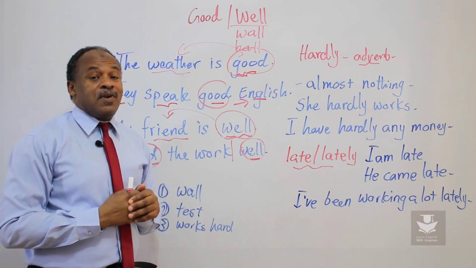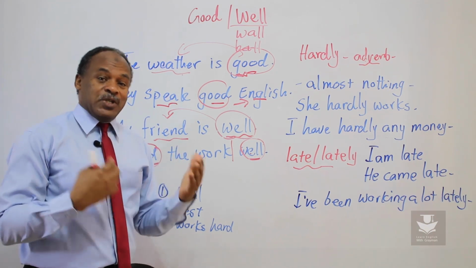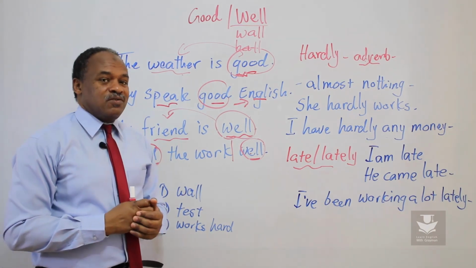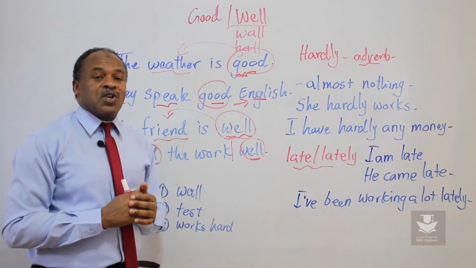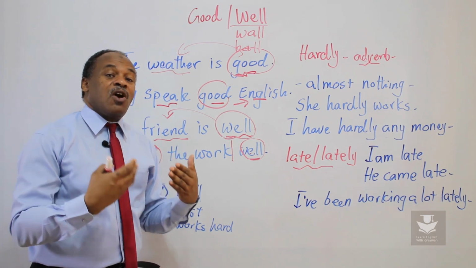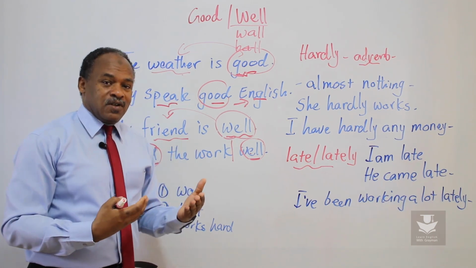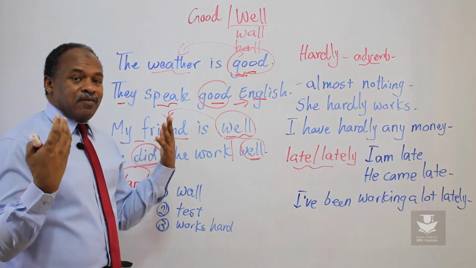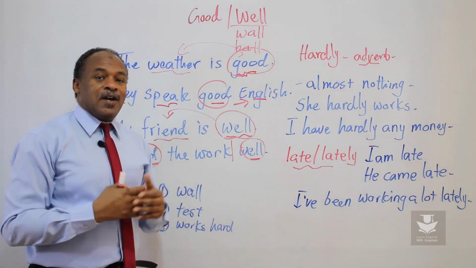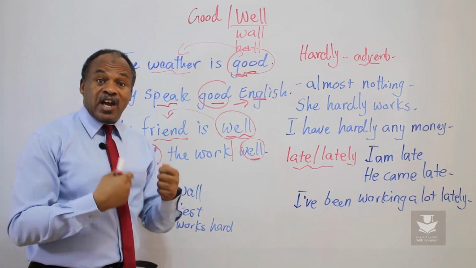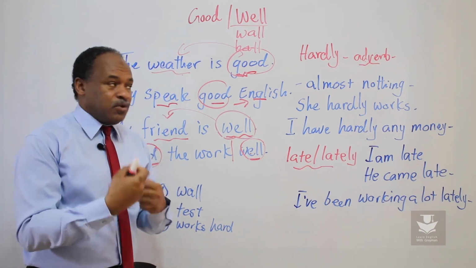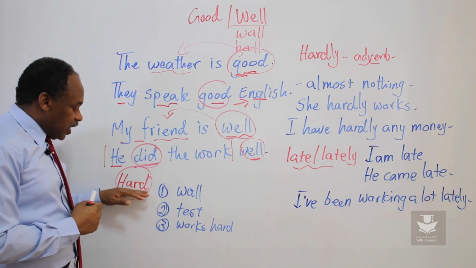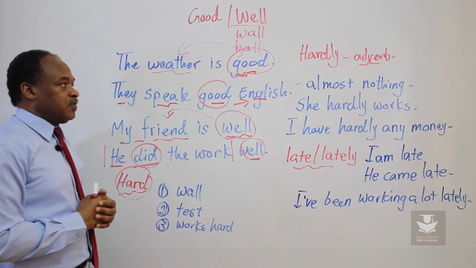Well, Jim or Tim or any name, he works hard on his own business. That means he puts in a lot of effort, and he's not lazy, but he works day and night. He works really hard. That's the way we use hard. Then hard here is an adjective.